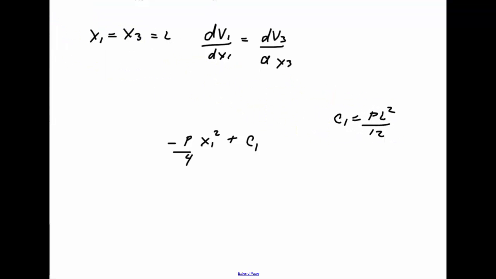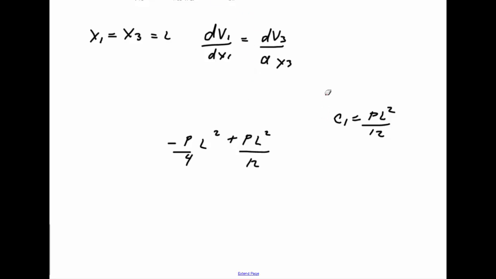Okay, so we're going to put this value in, take the C1 out, and we put in PL squared over 12. Now again, we're letting x1 and x3 go to L, so we'll take this out of here. Get my eraser. And we're just going to make that into L.